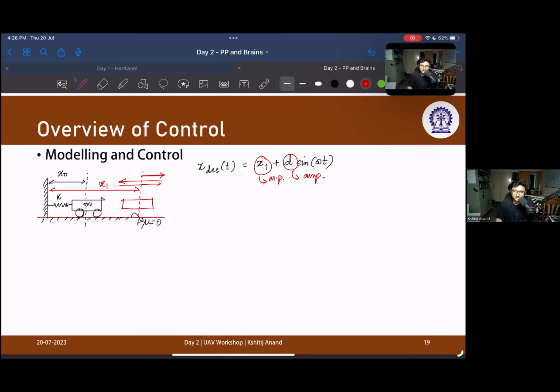But the spring will basically take it back and crash it into the wall. The value of x1 minus x naught, we don't know if it's greater than x naught or not, that's another topic of debate, but it's not going to keep it at x1.